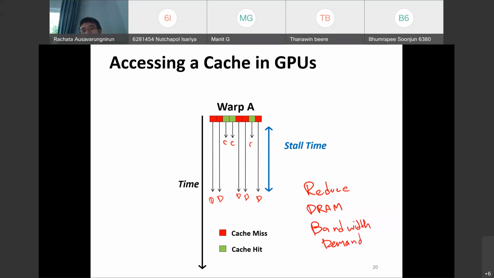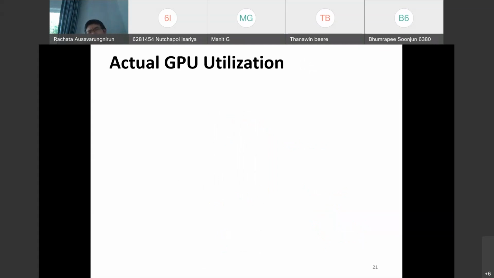Basically, now you can service other loads at the same time. DRAM is designed so that it can service multiple DRAM requests at the same time. A cache in the GPU is designed to make sure I can filter out some of those so that I don't overload DRAM. So here's the actual GPU utilization.